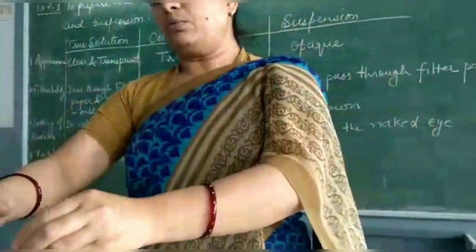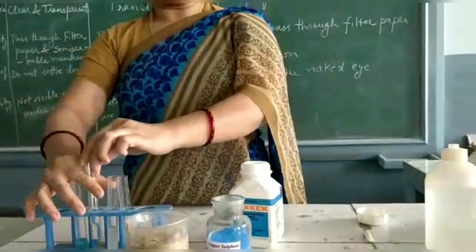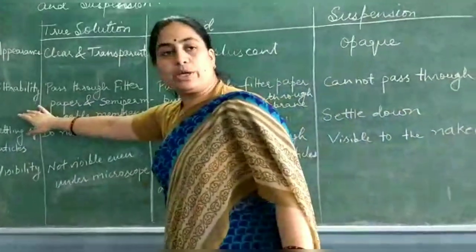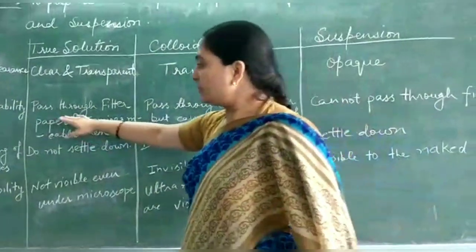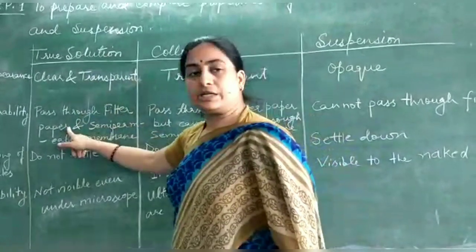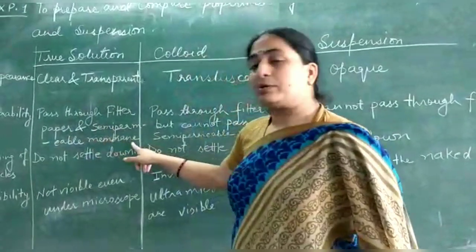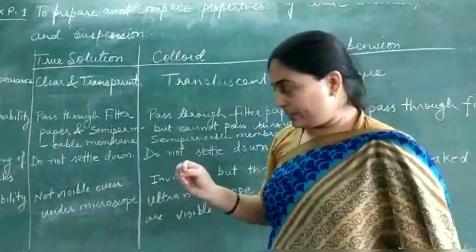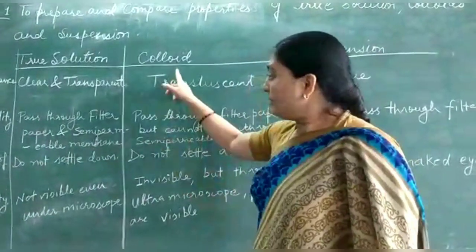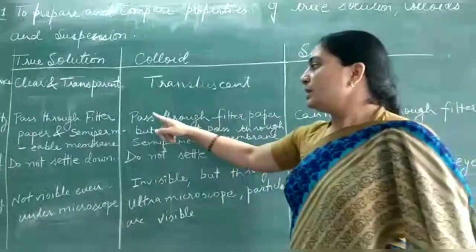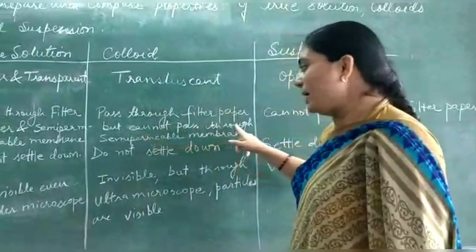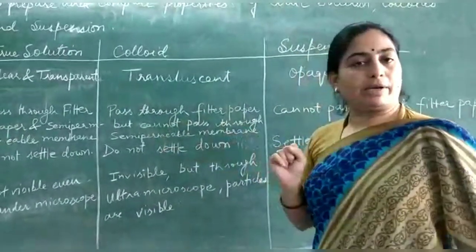Now we'll move to the second property written on the board, which is filtrability. That means we are going to filter the solution. We found that the particles of a true solution can easily pass through filter paper as well as through a semi-permeable membrane. When we talk about colloid, the colloidal particles can pass through filter paper but cannot pass through a semi-permeable membrane.